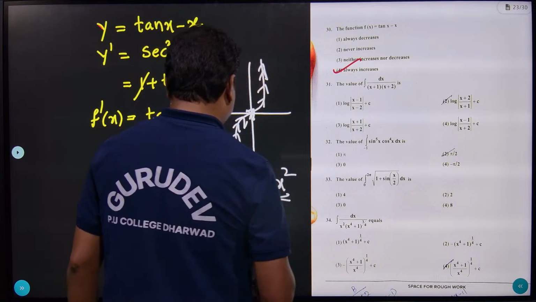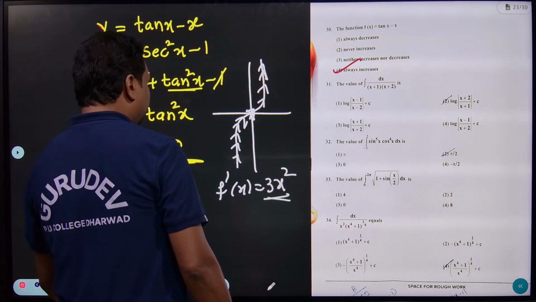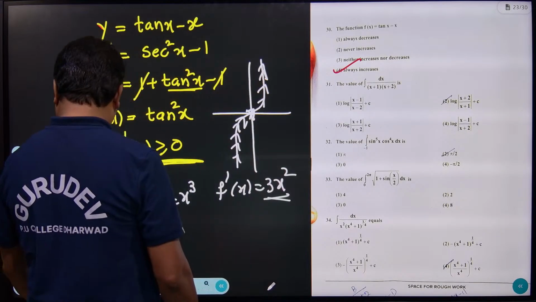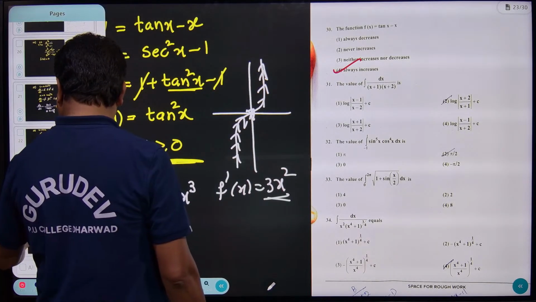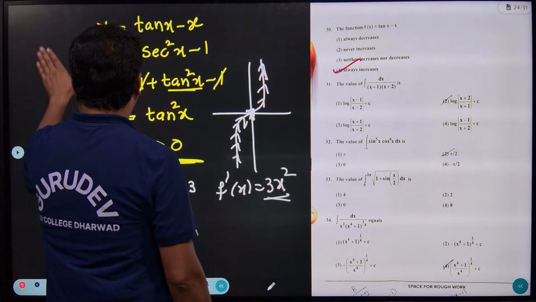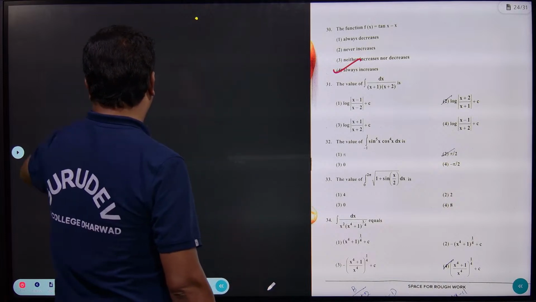Right, now we'll go for the next question. Question number 31 is an integration question.